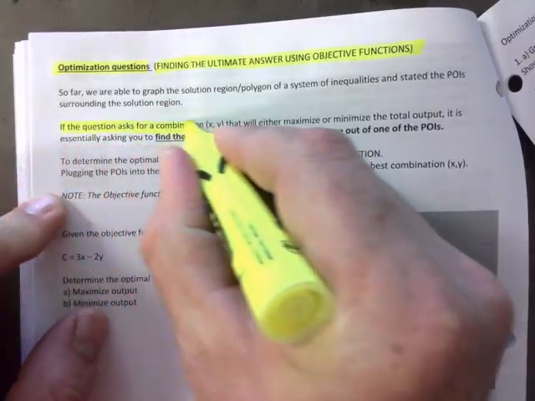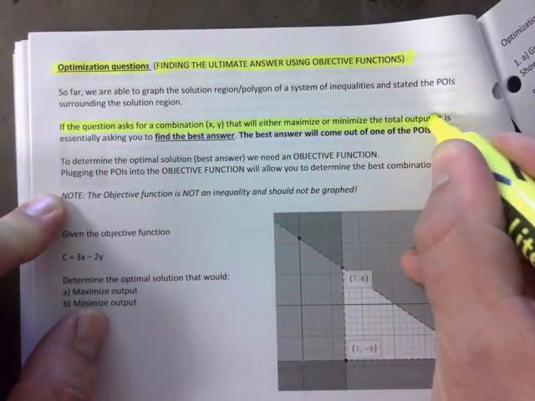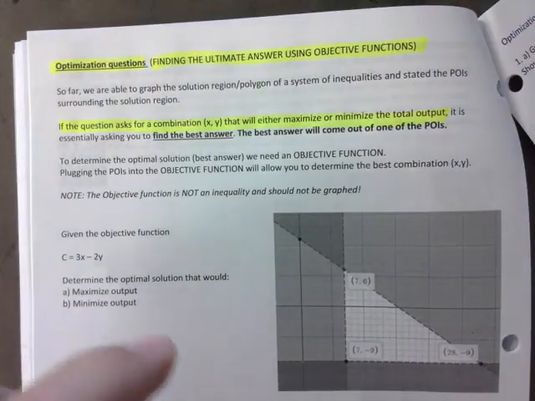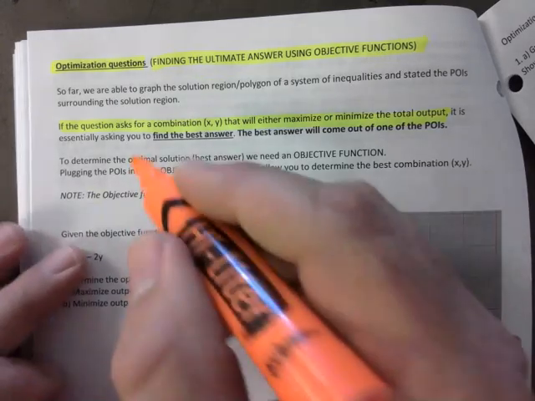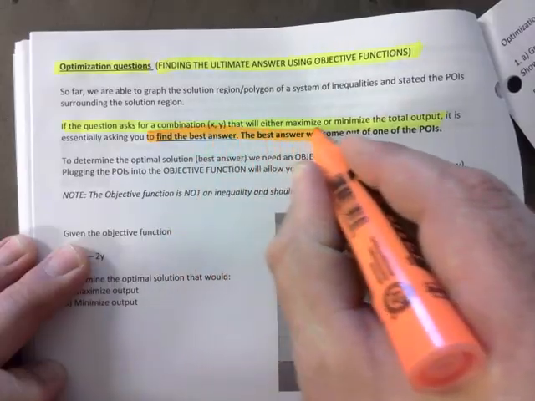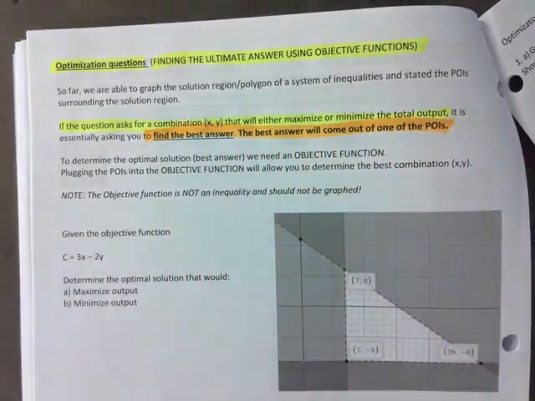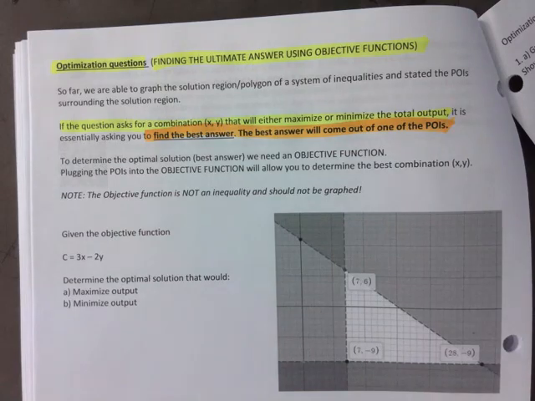If the question asks for minimizing or maximizing output, it is essentially asking us for the best answer. Okay? Finding the best answer. And the best answer will come out of one of the points of intersections.